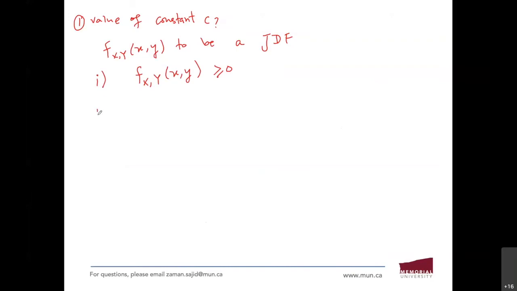And the second important property is that the integral of your joint probability distribution should be equal to 1, because this will give you the sum of all probabilities. And we are integrating from minus infinity to plus infinity, minus infinity to plus infinity.